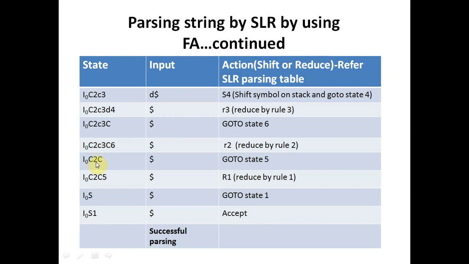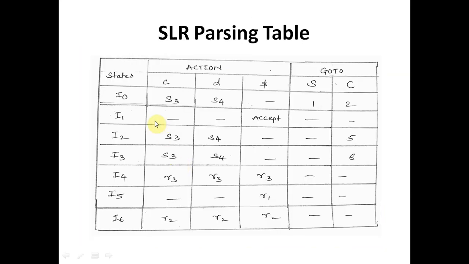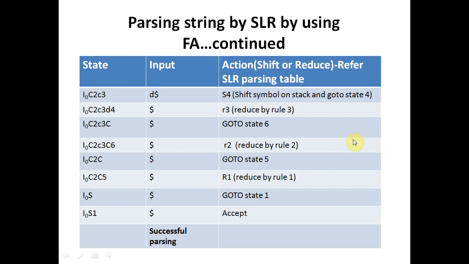Visualize as if you are moving in a finite automaton. You are in the second state and receiving capital C. The second state on receiving capital C makes a transition to the fifth state, so go to 5 is written.